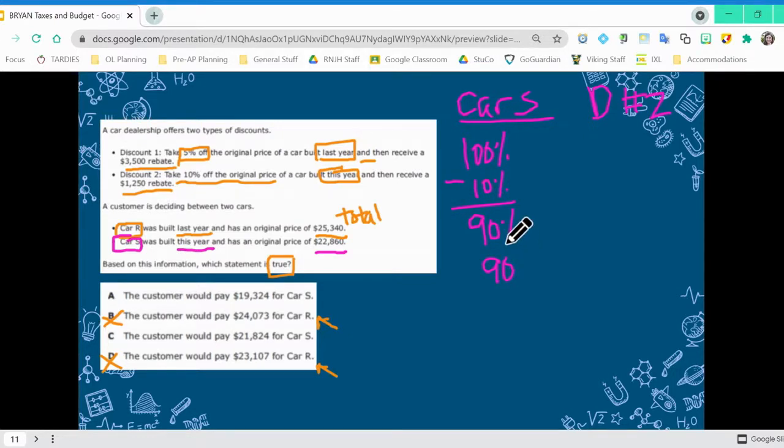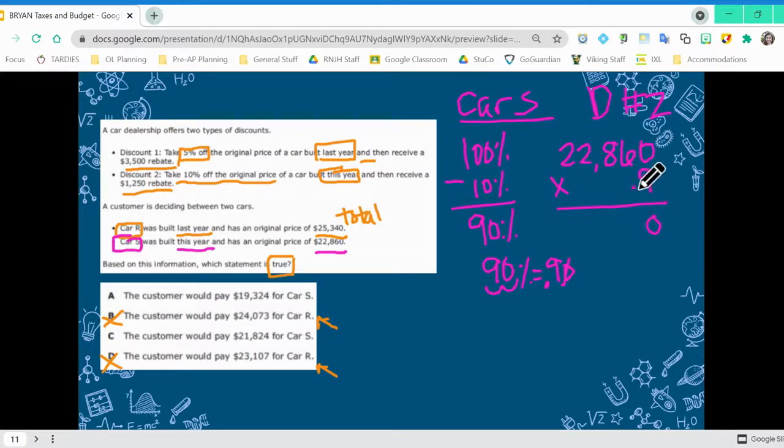So if I take my decimal and I move it twice, 1, 2, then that tells me that 90% equals 0.90. And I can actually even get rid of that 0 on the end because it's not helpful. And it actually creates one more digit we have to deal with. So let's just multiply by 0.9. So now we're going to take the original price, $22,860, and we're going to multiply it times 0.9.